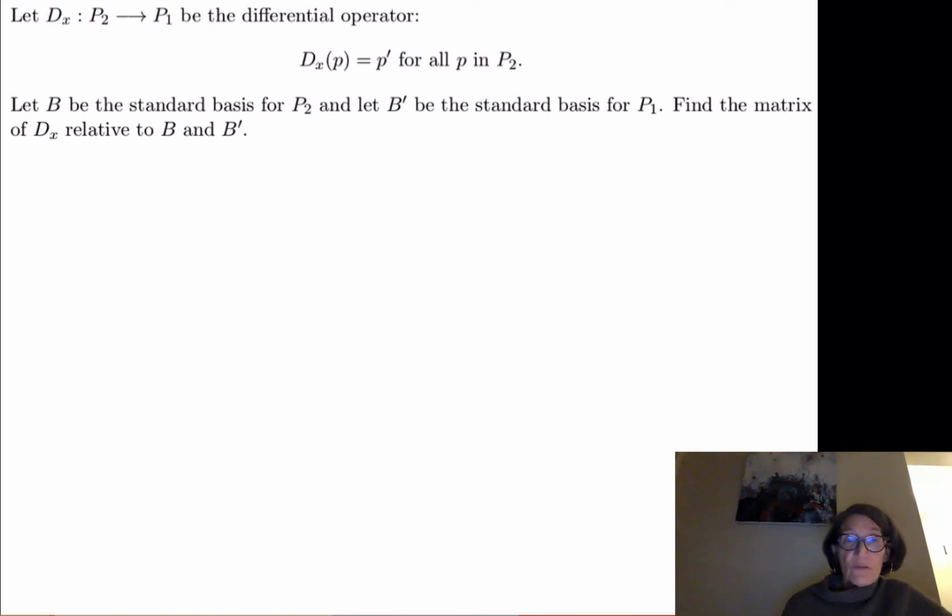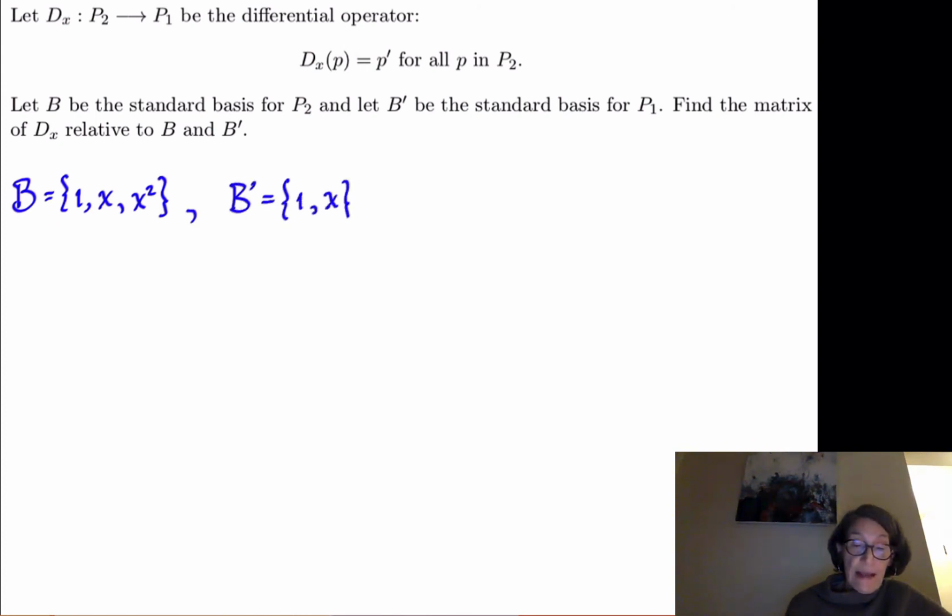We're going to find the matrix for this linear transformation relative to the two bases, B and B prime. So first, we're going to write down the bases. The basis for P2 is just 1, x, and x squared. The basis for P1 is just 1 and x.